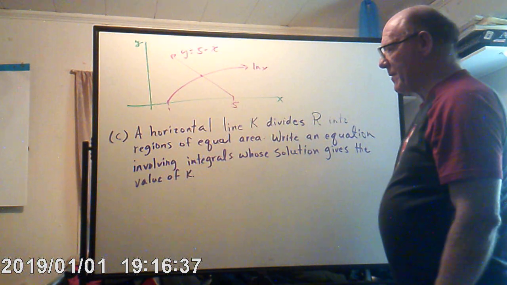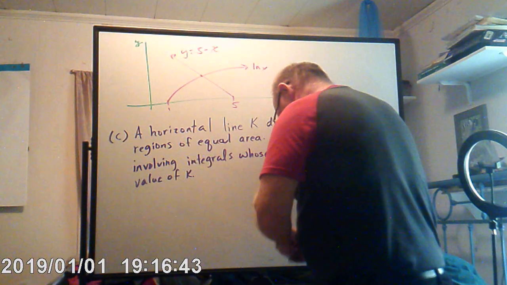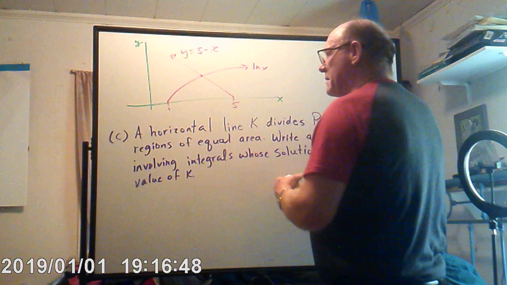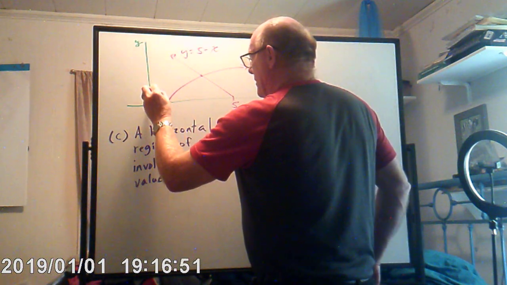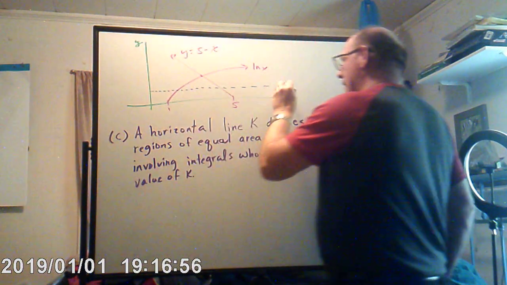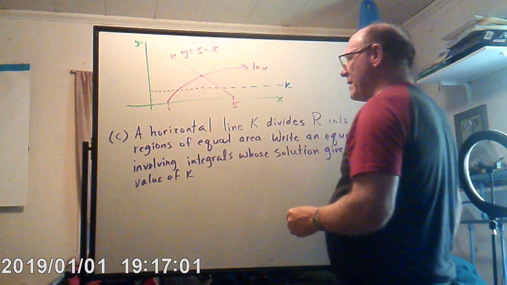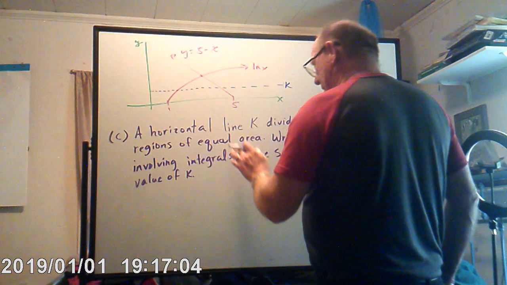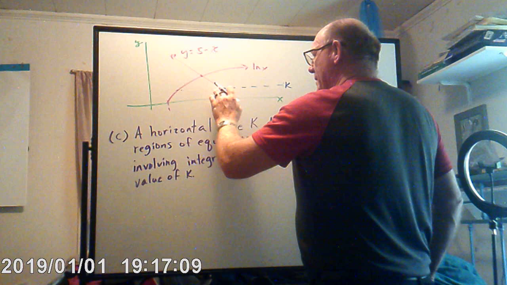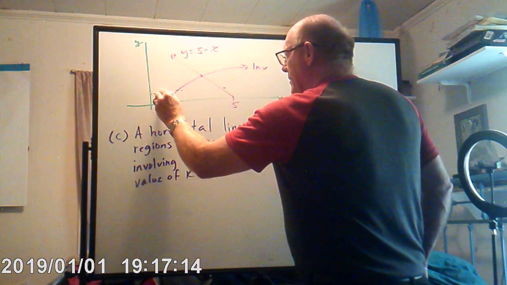Alright, so what's happening here is that a horizontal line K. Alright, let's see if we can find a different color here. Alright, K is being drawn like this. I'm just going to dot the line, and this is line K. Alright, K is a y value, okay, and what it does, it splits this R. It probably would need to go down a little further to make it look like it divides it up a little bit better.